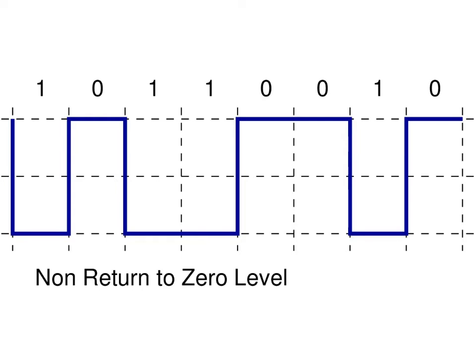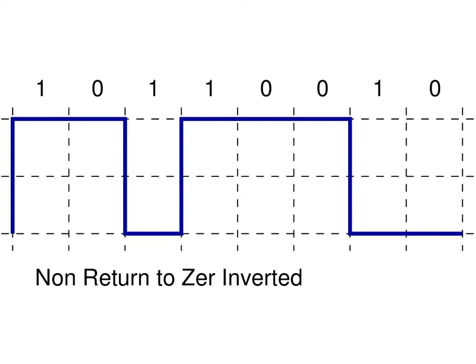The next one is, and there's a spelling mistake here, non-return to 0 inverted. It's a variation of the previous one where we invert the level when we have a bit 1 to transmit. So this is the same sequence of bits as the previous example. If we have a bit 1 to transmit, we change the level from the previous one to the next one.